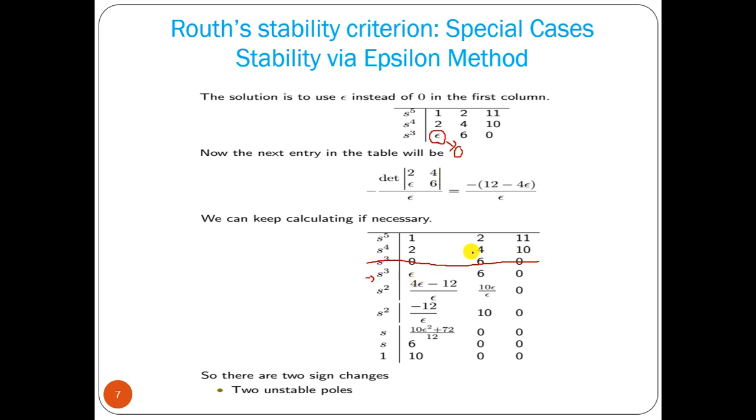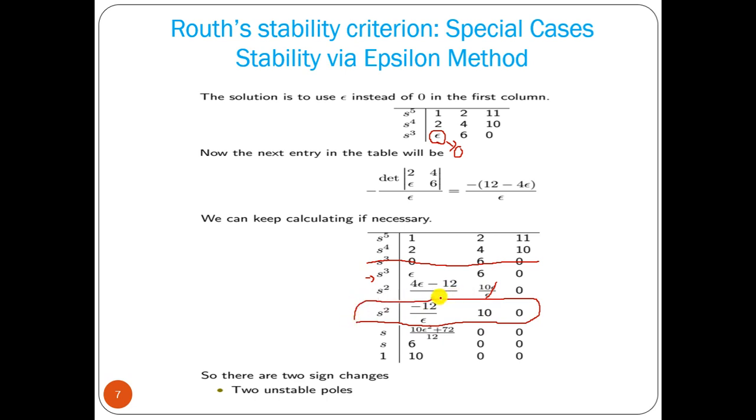Now it will be 4 epsilon minus 12 divided by epsilon, and it will be 10 epsilon minus 0 by epsilon, so this will be 10. This is for the s squared term.